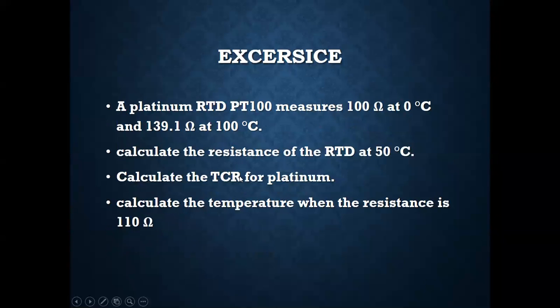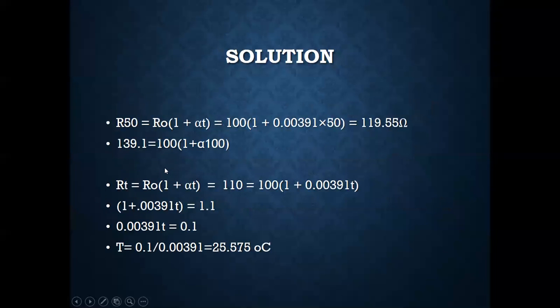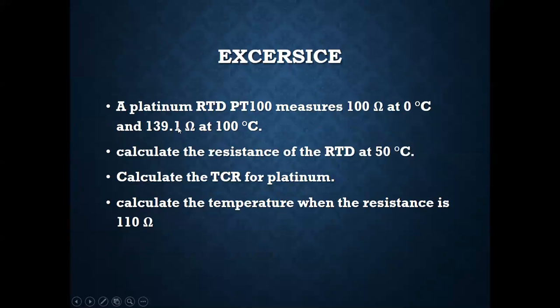Then, what is our next point? Calculate the TCR, temperature coefficient of resistance, for platinum. TCR means alpha. You have to find out the alpha. In order to find alpha, initially we have an equation: 139.1 is equal to RT at 100 degree centigrade.